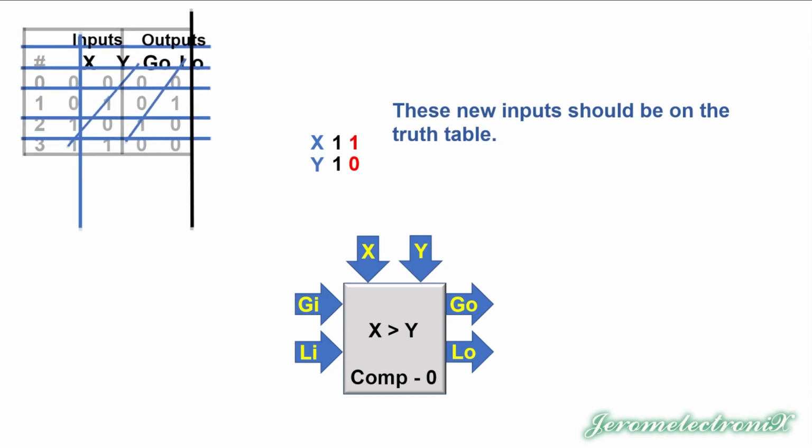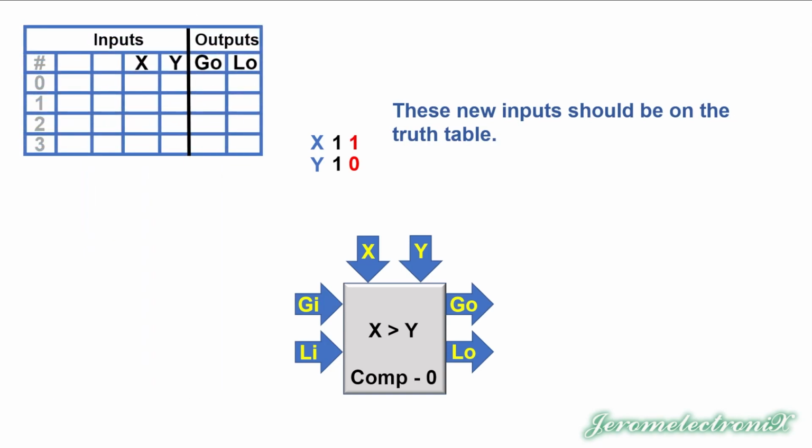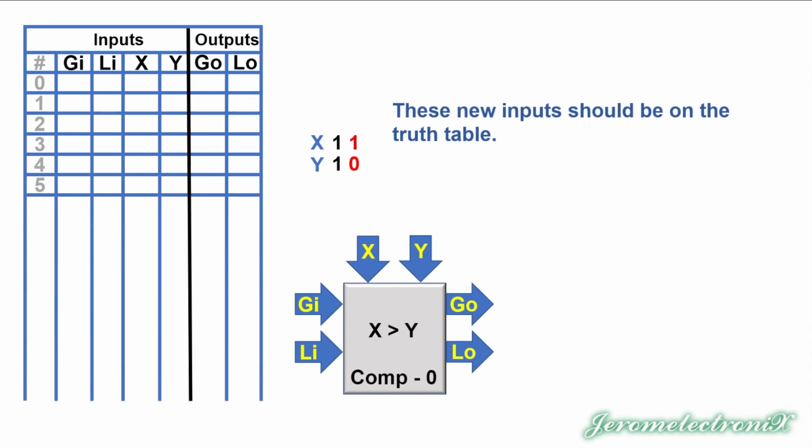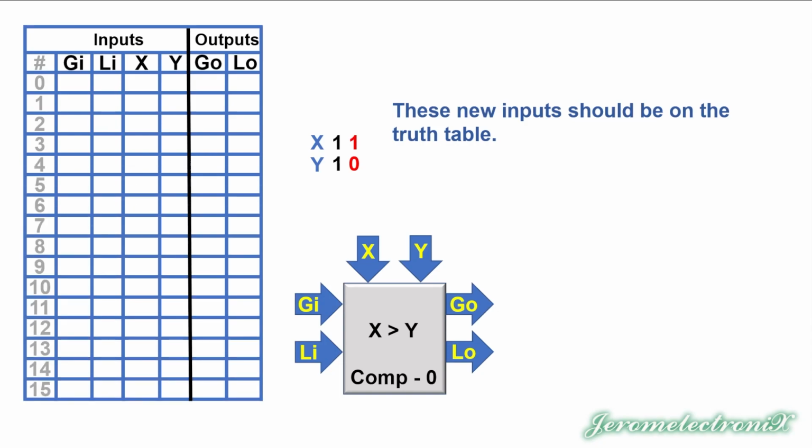So we're going to have to expand our truth table and put the new inputs on our truth table, and with 4 inputs, 2 to the 4th power, we're going to need a total of 16 rows on our truth table. I've got them all indexed 0 through 15. That's 16 rows.